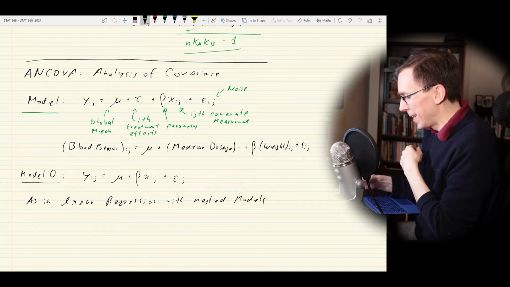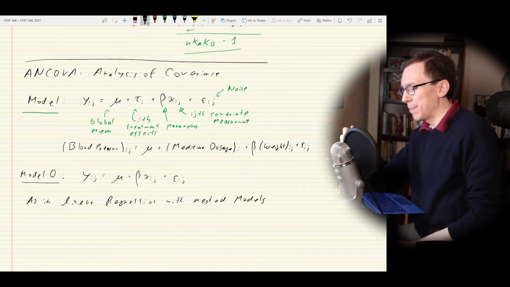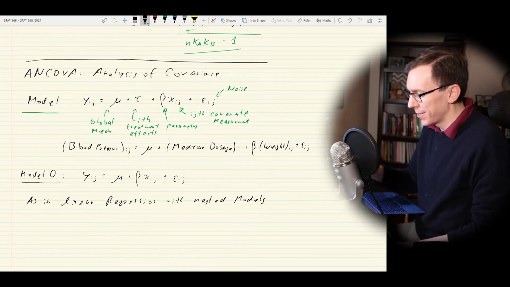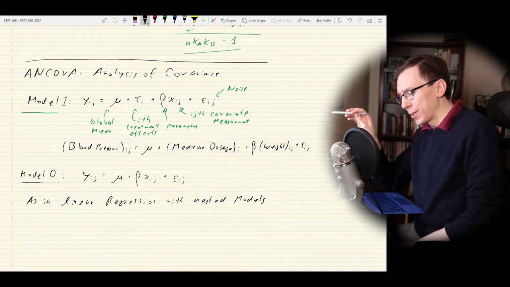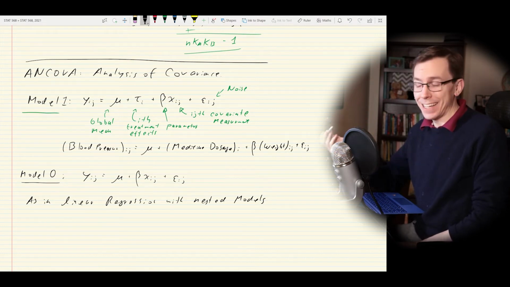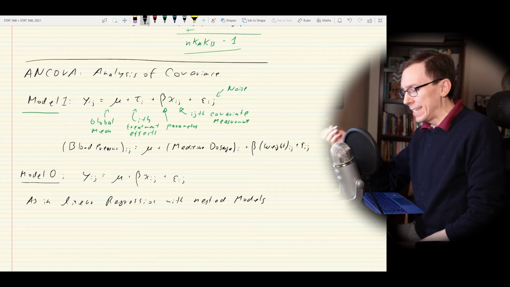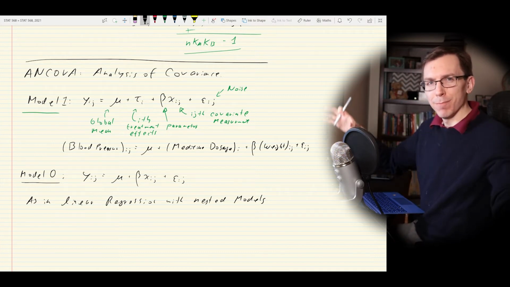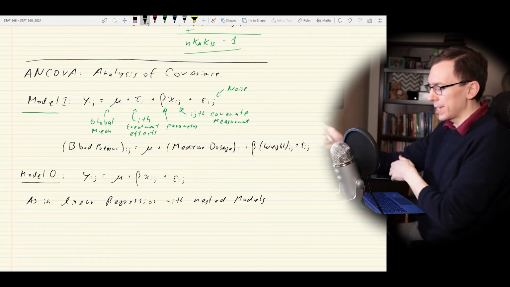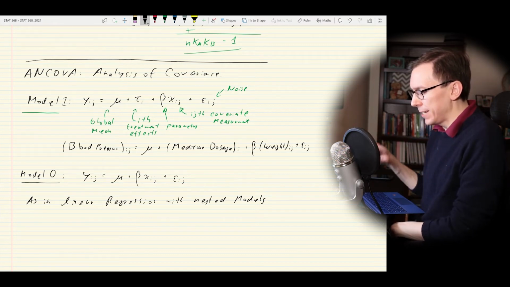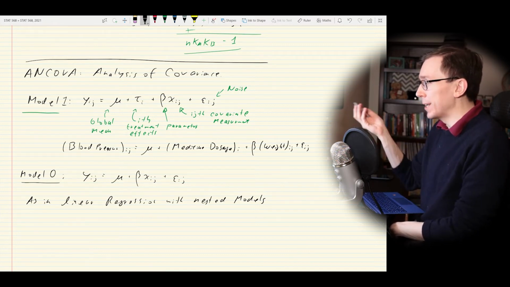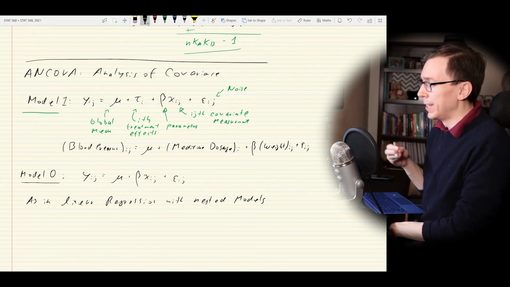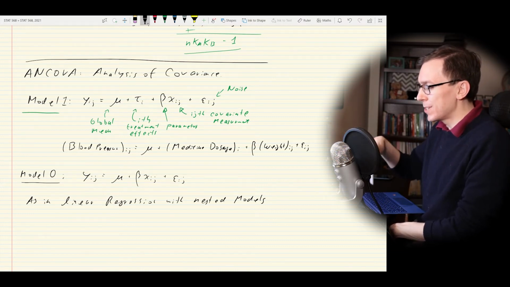This is nested models in the sense that the model up top, which maybe I'll call model 1 so I can refer to it in some way, has all the parameters and more that model 0 has. So that's what I mean by nested: model 0 is in some sense a simpler version of model 1, which has more parameters in it. And when you have two linear models that are nested, we can do an f-test to test for the significance of those additional terms.